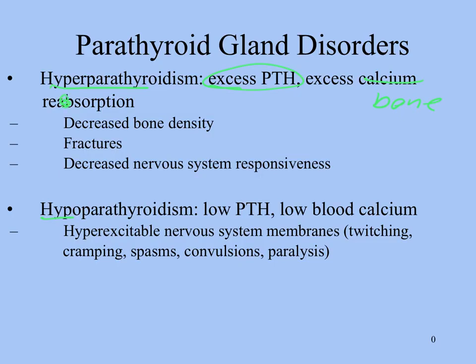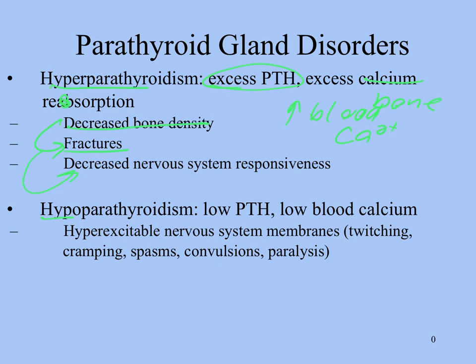And with excess bone resorption, we're going to have an increase in blood calcium, leading to decreased bone density, which then leads to an increase in fractures, and also a decreased nervous system responsiveness, because if our calcium is too high, then the resting membrane potential is going to be too negative and harder to get nerve cells to respond quickly.